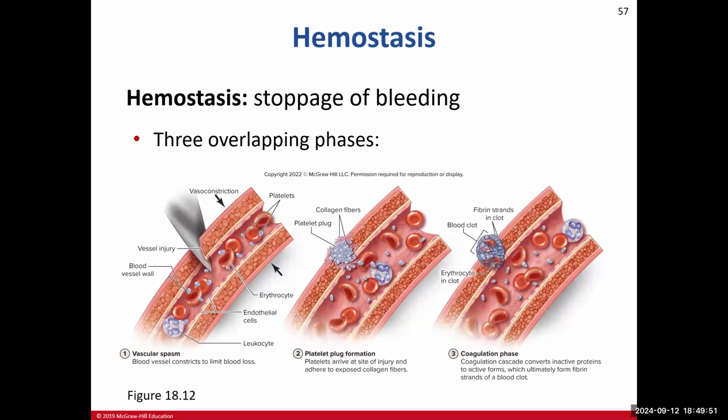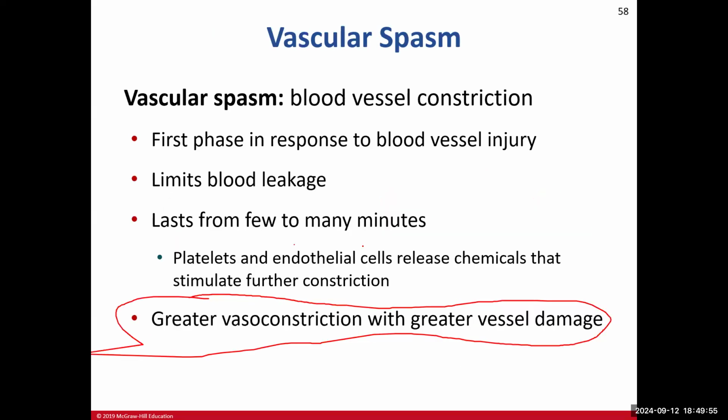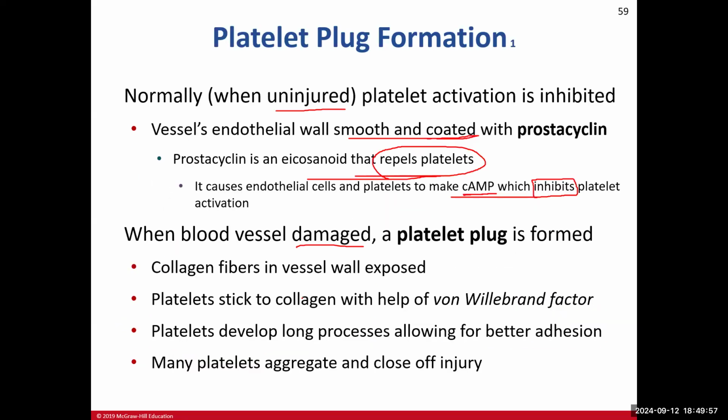Connective tissue, for example. And remember, one of the components of connective tissue are protein fibers, specifically collagen. I can't remember if there's 8 or 10, there's a whole bunch of different types of collagen in your body. So now that we've damaged the blood vessel wall, those collagen fibers are exposed. They were once protected by the endothelium and the other tissue, but now we've damaged that, and so they're exposed.